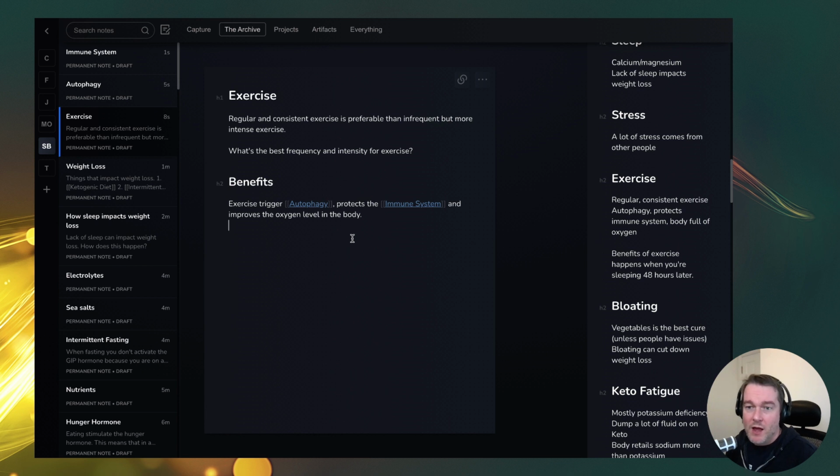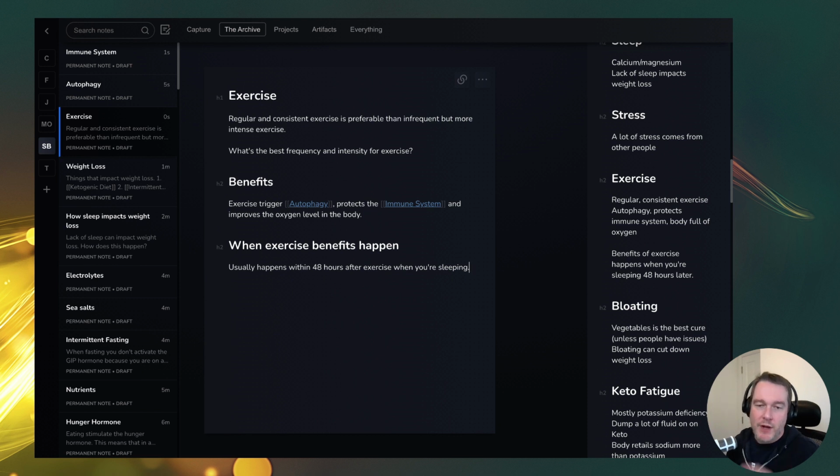And so benefits. Now here's an interesting one, sleep. When exercise benefits happen, it usually happens within 48 hours after exercise, when you're sleeping. So here's the thinking here.